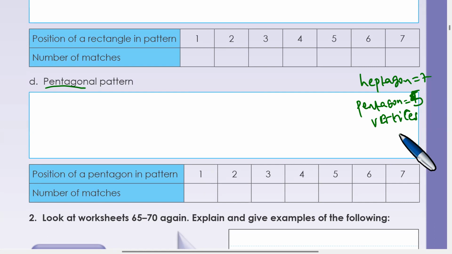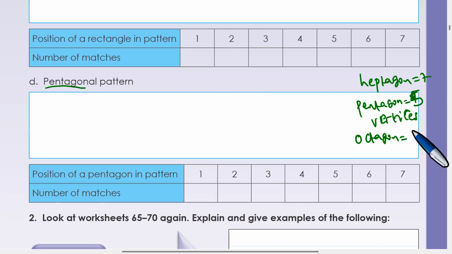So how many matches are there in number 1? Pent means 5, hept means 7, and octagon, what's octagon?